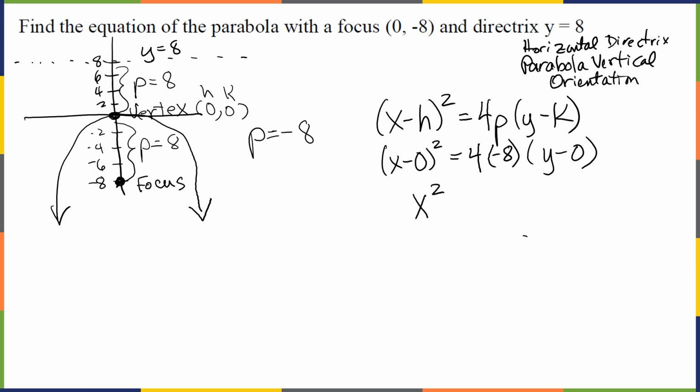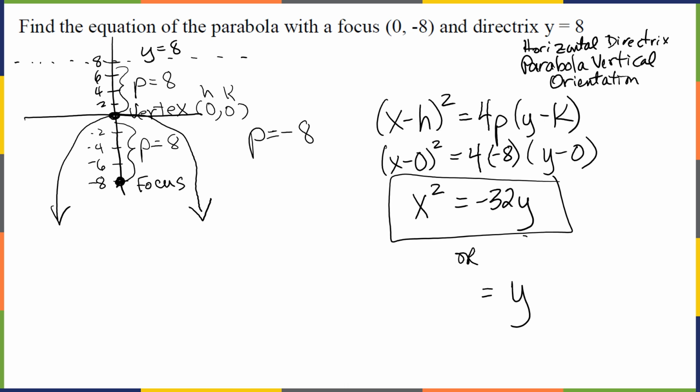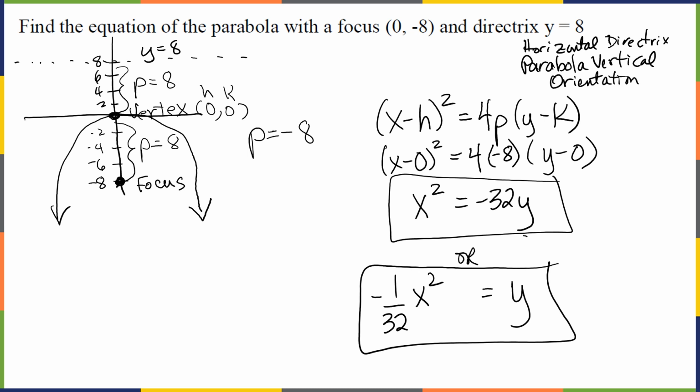So we end up with x squared equals negative 32y. Or, if we divided by 32 on both sides, we could also say y equals negative 1 over 32 x squared in general form.